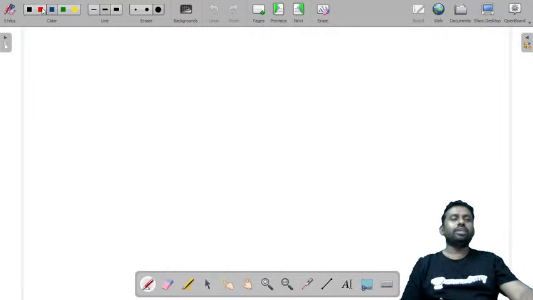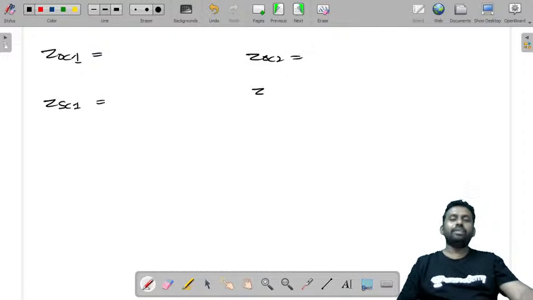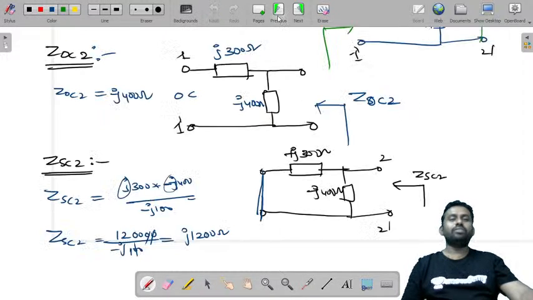Let's write all these values in one place: ZOC1, ZSC1, ZOC2 and ZSC2. What are the values that we got?